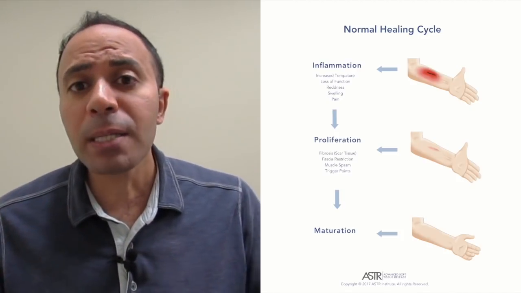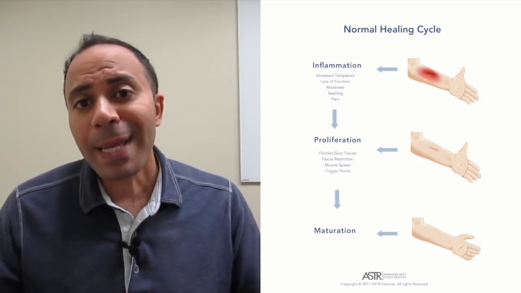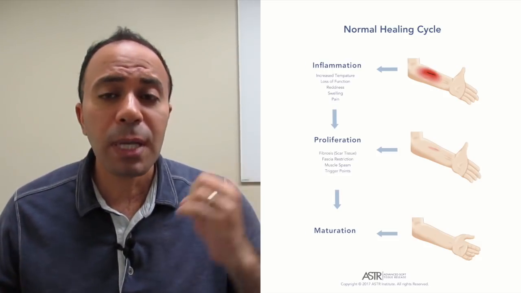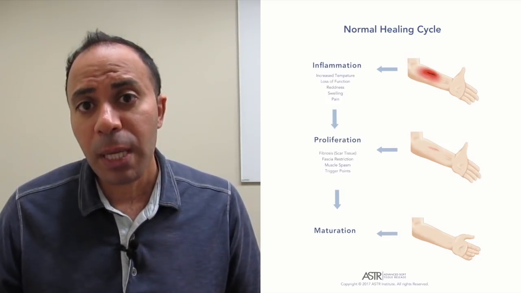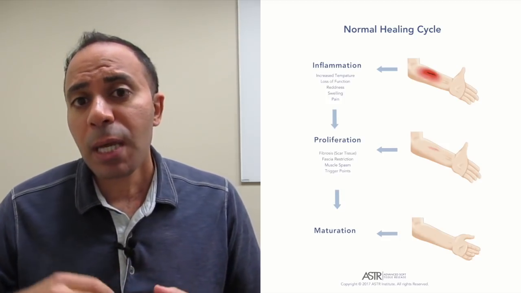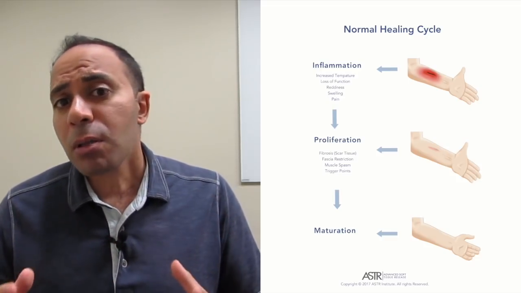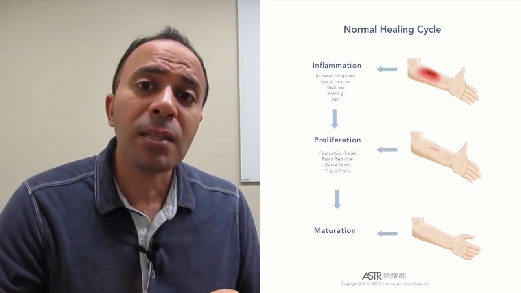It's a very complex process, but I will just try to simplify it. Lastly is the maturation stage. That's when the body starts to get rid of the scar tissue by itself and everything starts to clear up. This process could take days, weeks, months, or years. As we get older, our body's ability to get to the maturation stage decreases significantly.